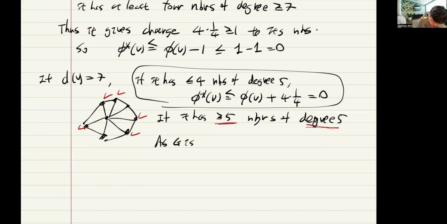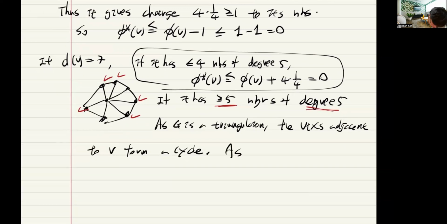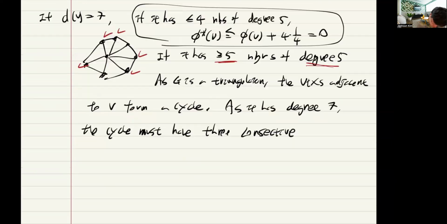As G is a triangulation, the vertices adjacent to the vertex form a cycle, and as it has degree 7, the cycle must have 3 consecutive vertices of degree 5.